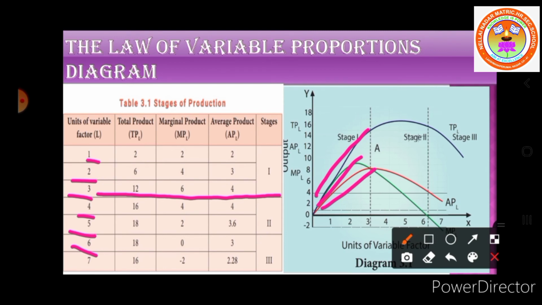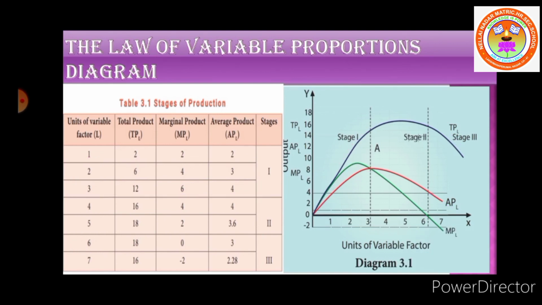Then the second stage, the 4th and 5th points: the total product is at a maximum point, and marginal product reaches 0. At the 6th point, the total product reaches the maximum of 18, with marginal product 0. At the 6th and 7th, total product is also declining, and average product is also declining. In the third stage, marginal product becomes negative.